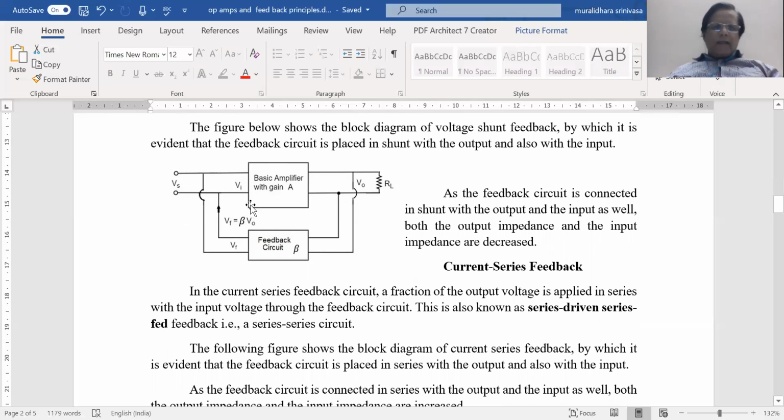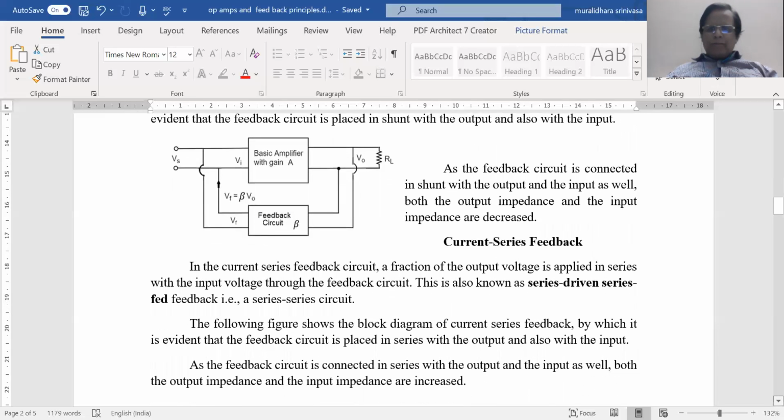This is your basic amplifier with gain. This is your feedback fraction. You are tapping a portion of the output through this circuit to feed it back into the input, like in your op amps, where part of the output voltage you return through your RF feedback resistor.